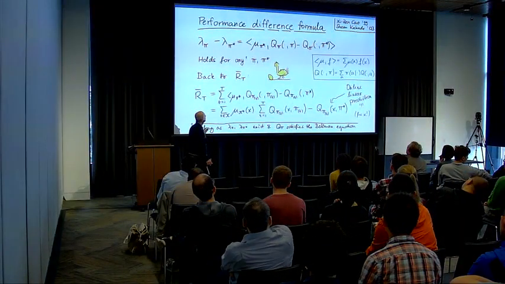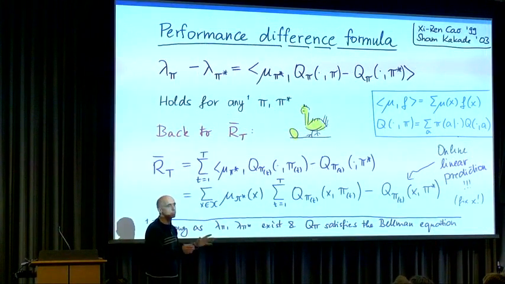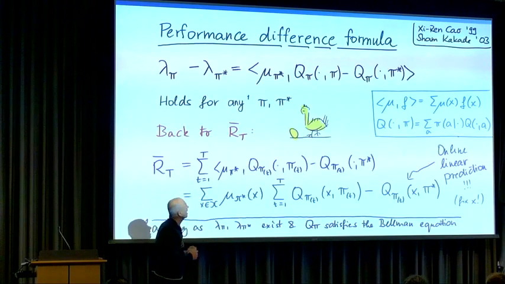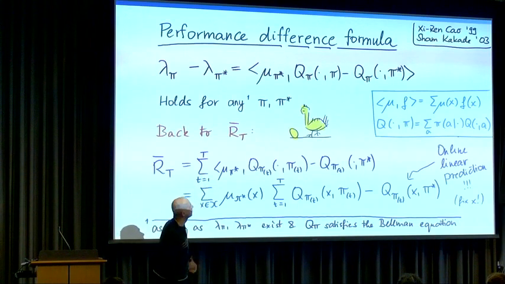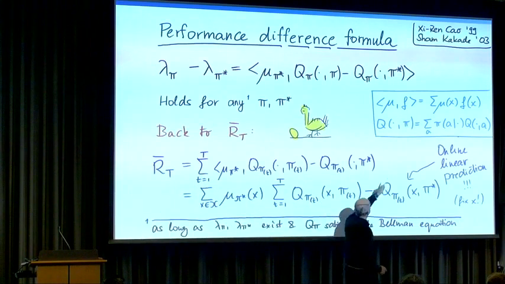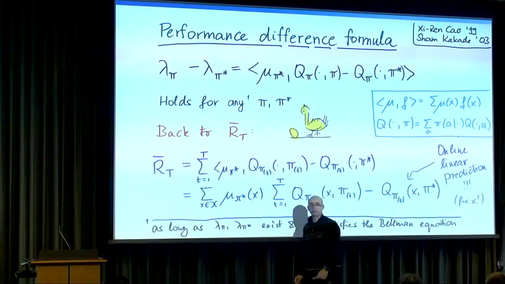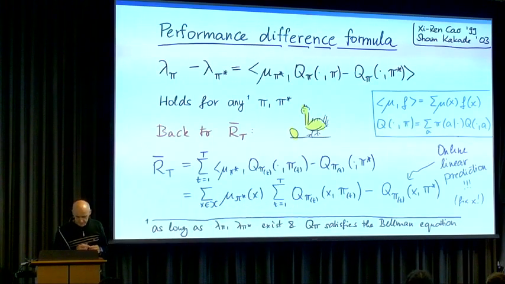This is a very nice formula. You can rederive all of dynamic programming based on this, policy iteration, everything. What's important for us is that this difference in the action values is a linear expression in pi. In the second argument, when I plug in pi, that's just an average with respect to the distribution that the policy induces.